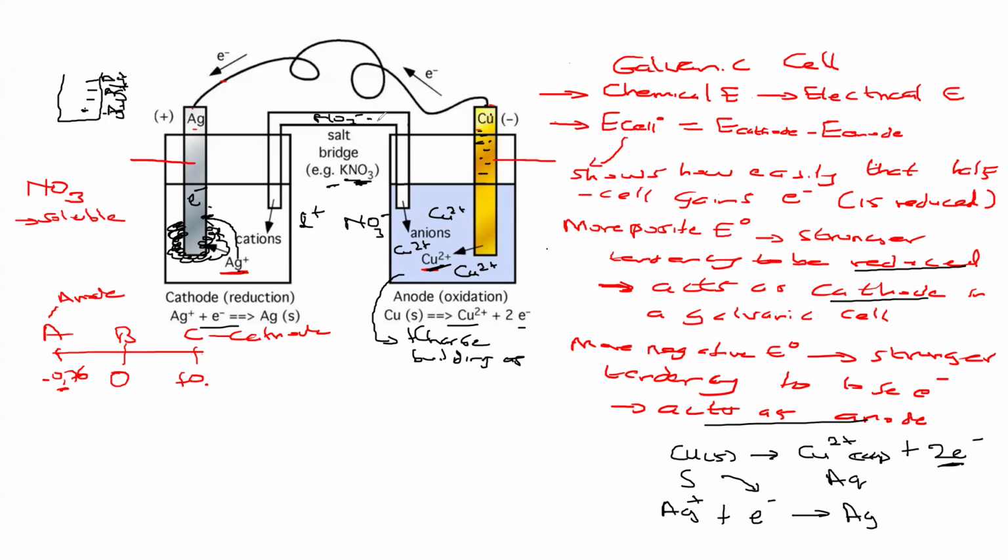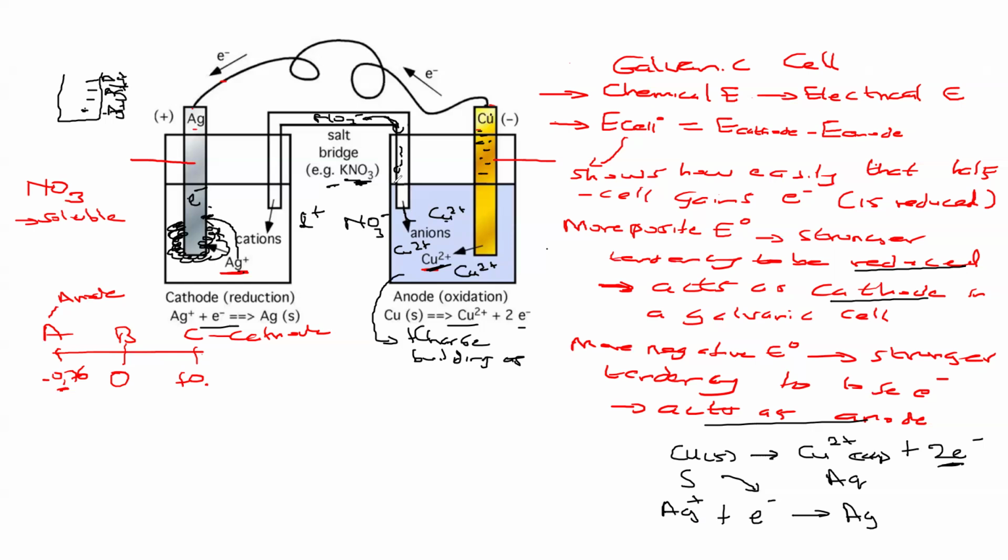Negative will attract positives, so you can see the negatives come. These ions from the salt bridge must counter this build up of positives.